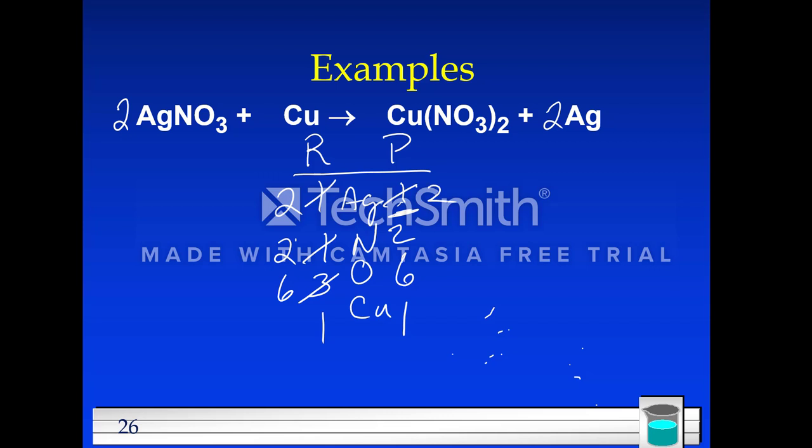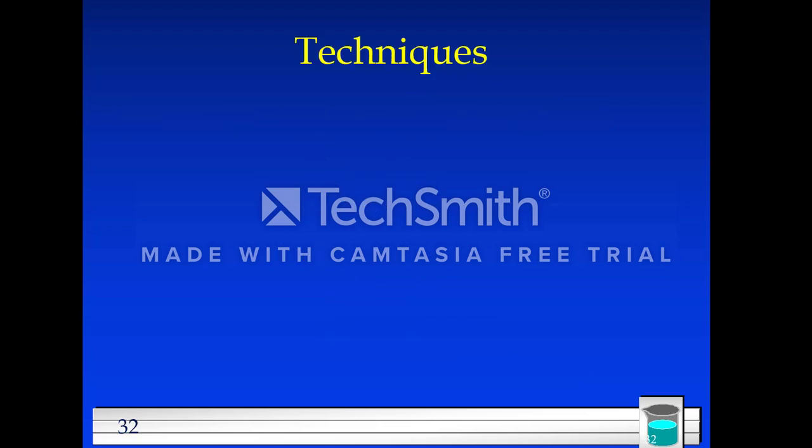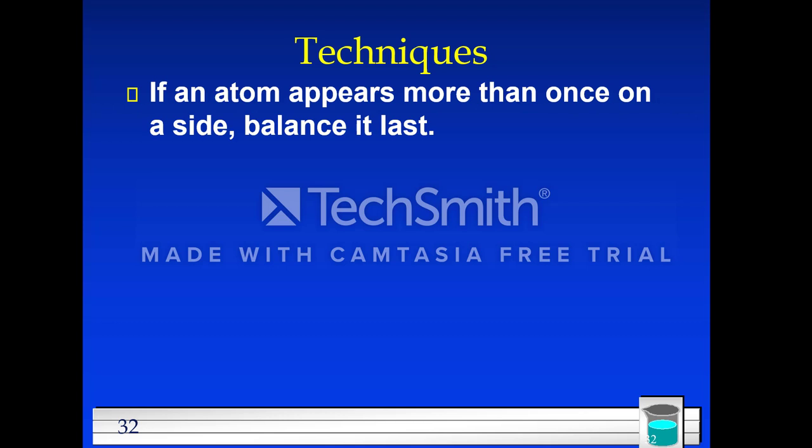Okay, a couple of techniques that might save you some time. If an atom appears more than once on the same side, so there's 2 chemicals and it shows up in both, this often happens with oxygen and hydrogen.